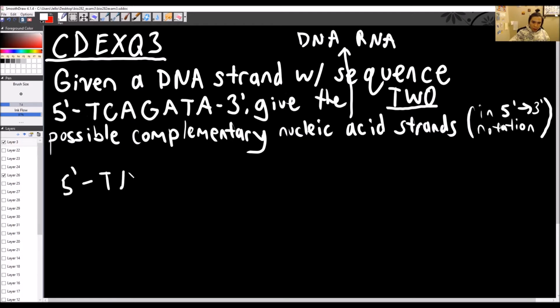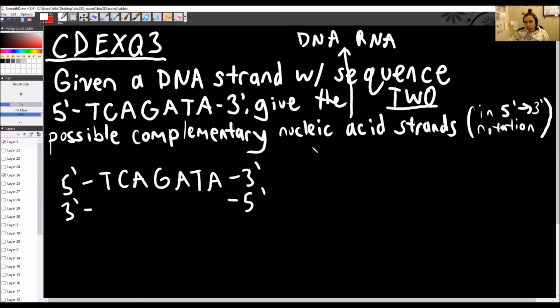So I'm going to rewrite it over here. TCAGATA, 3'. Okay, so we know that a complementary strand must be anti-parallel, so they would go in opposite directions. And now it's as simple as looking at what's complementary. Remember our pairing rule, A and T make the word at, and then C and G look similar in visuals with that curve on the back.